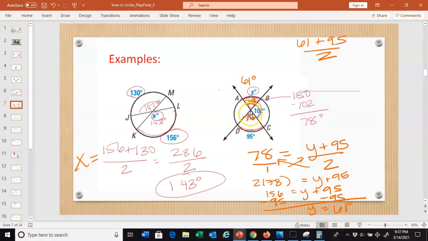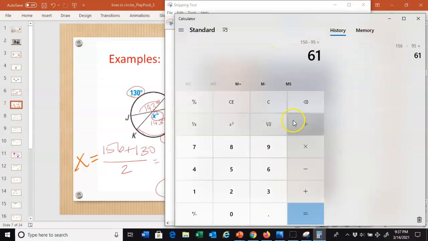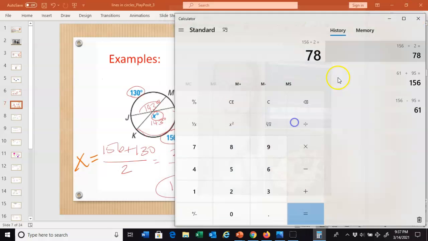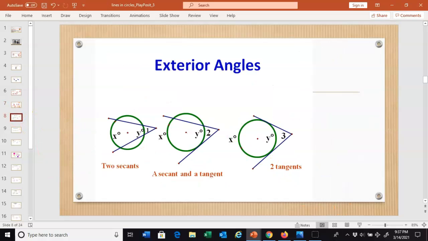Right? The two arcs across from it divided by 2. So let's see. 61 plus 95 divided by 2. Sure enough, it is 78, which is the angle that we had. So it all works out.